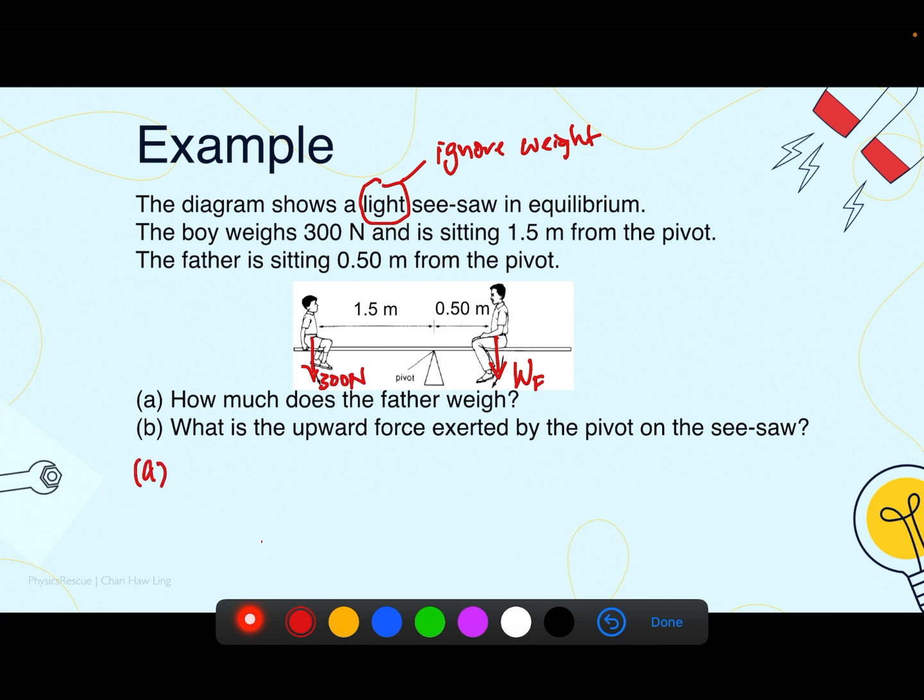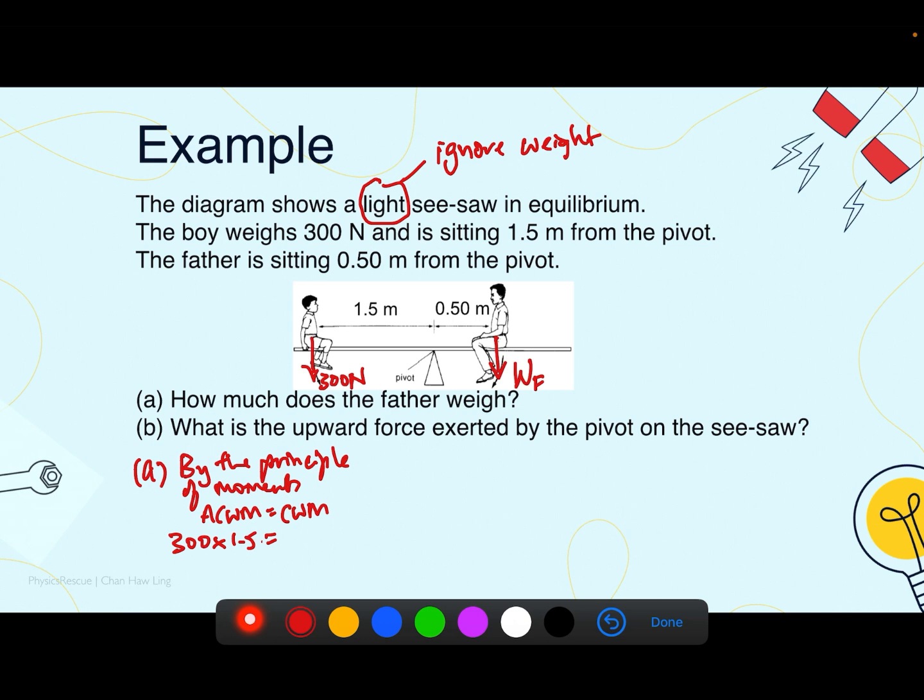So you can write, by the principle of moments, the total anti-clockwise moment is equal to the total clockwise moment. In this case, it's just 300 times 1.5.